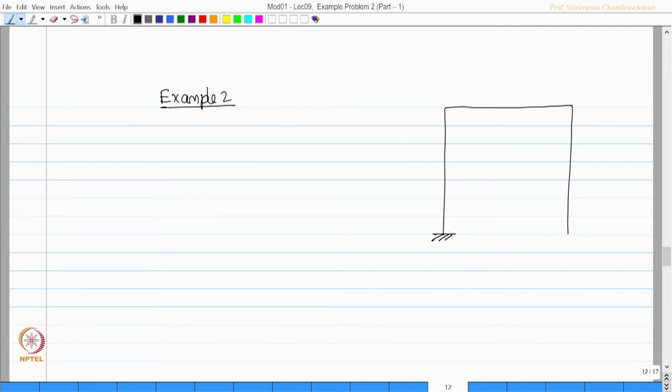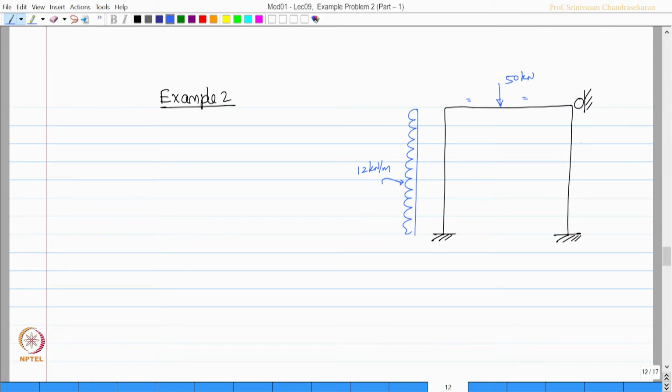So, let both the ends be fixed. Let us also put the restraint here. Let us apply a loading to this part of the frame which is going to be 12 kilonewton per meter. Let us apply a point load here which is at the center of intensity 50 kilonewton.